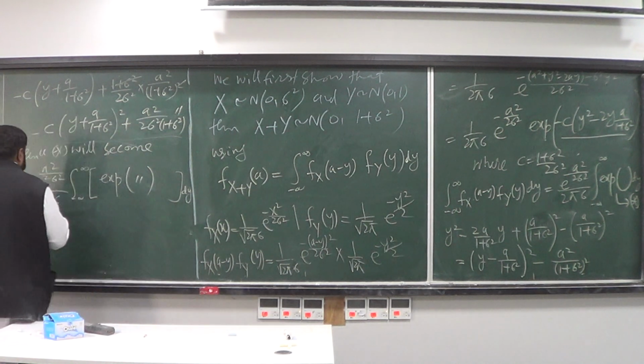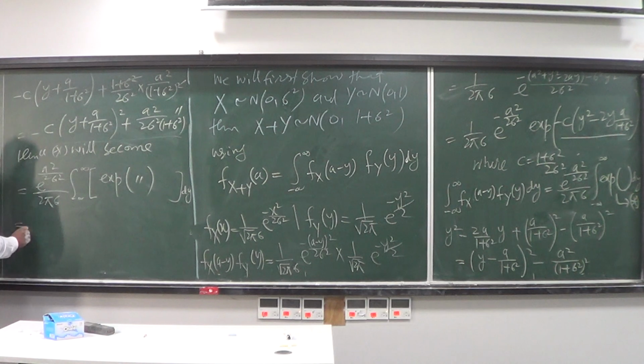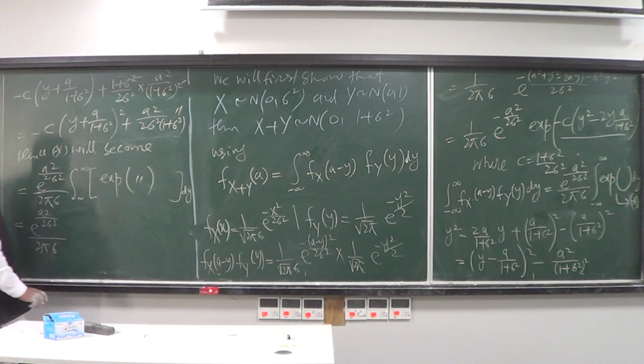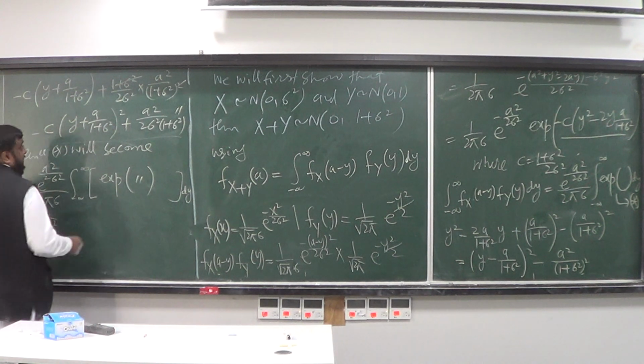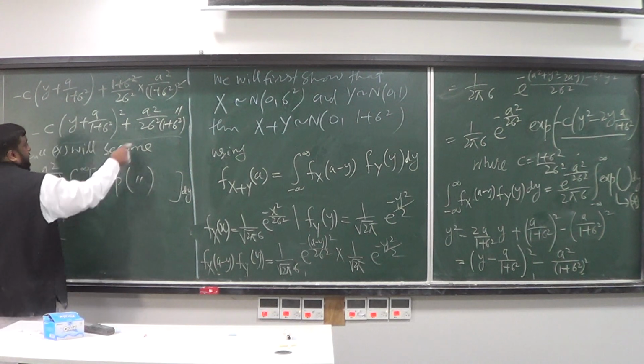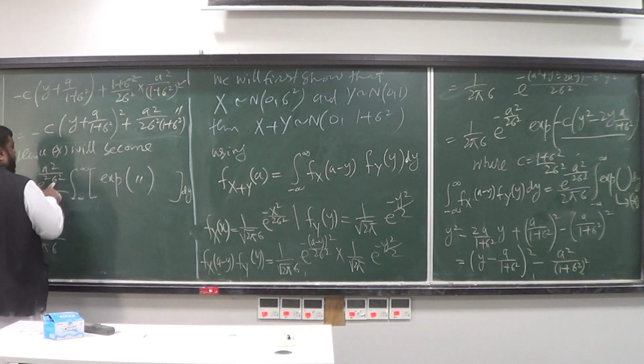So hence, what you're going to get is e to the a square over 2 sigma square by 2 pi sigma, and since this is the power of an exponential and you already have an exponential here, both would be added.